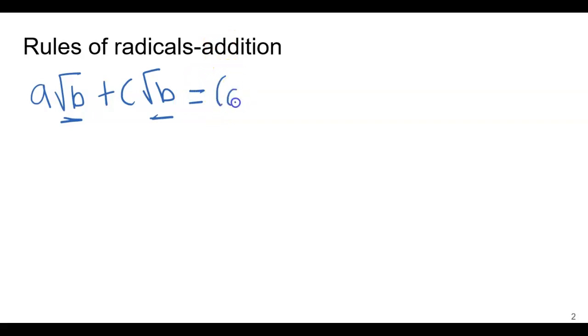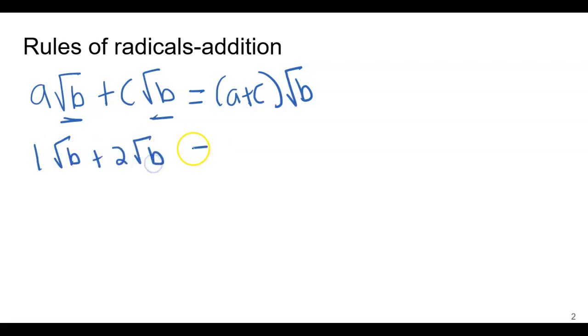If I have radicals with the same base, when I add those, I just add the coefficients. So for example, if I had 1 square root b plus 2 square root b, that's the same as 3 square root b's now.